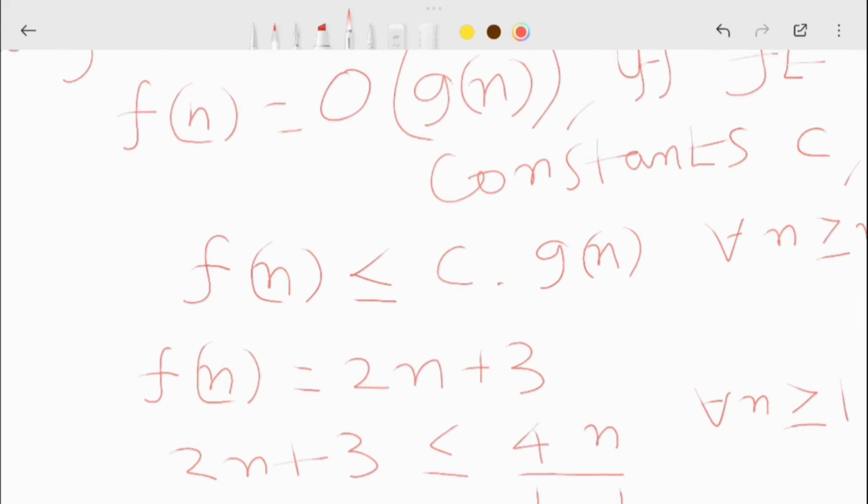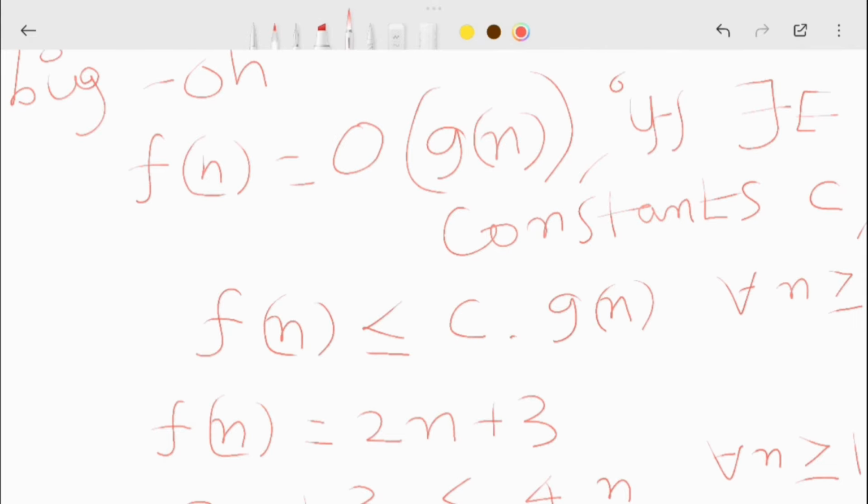So big O notation represents the upper bound of the time complexity of an algorithm. Next we will see the big omega notation.